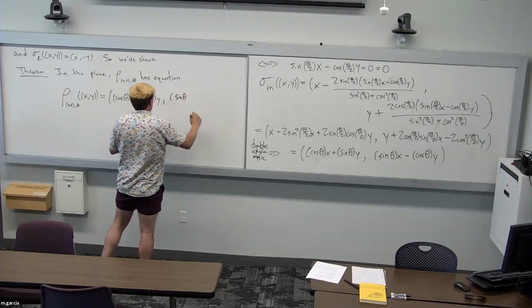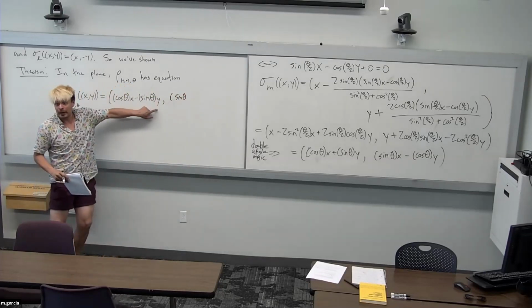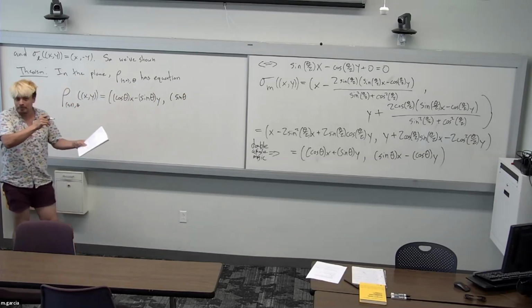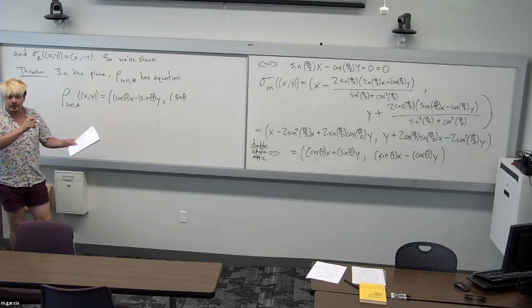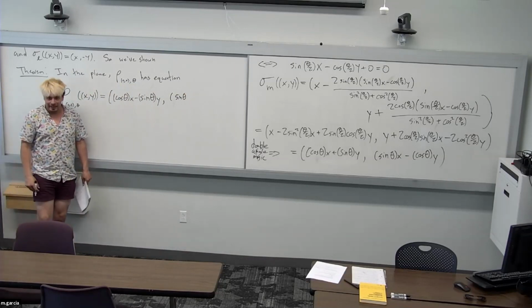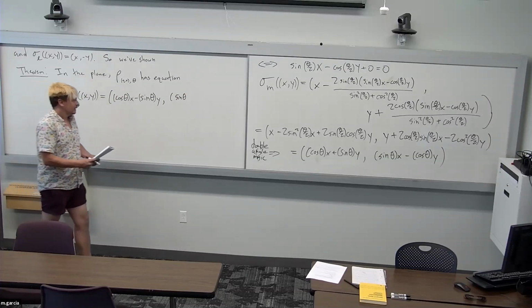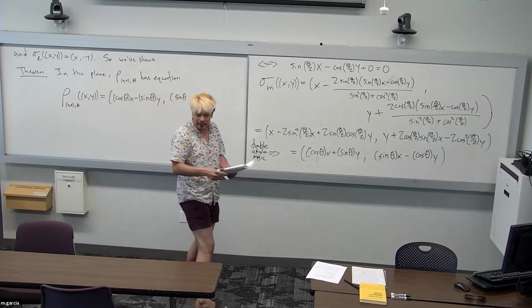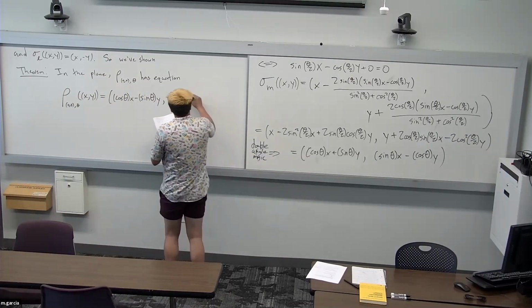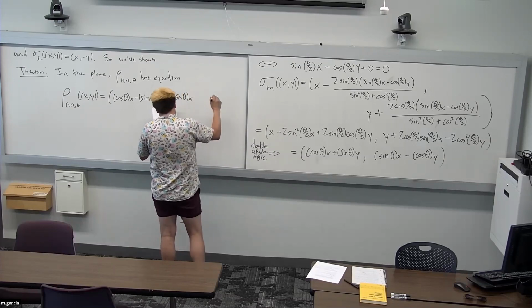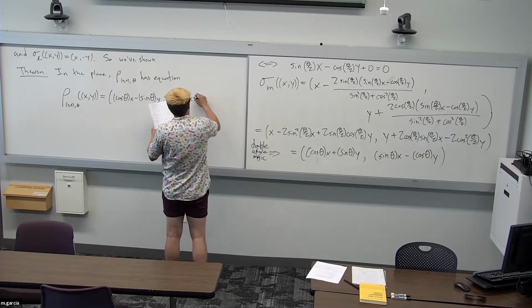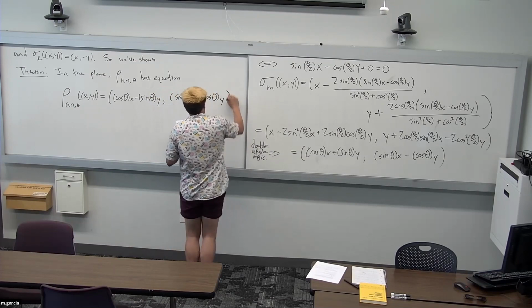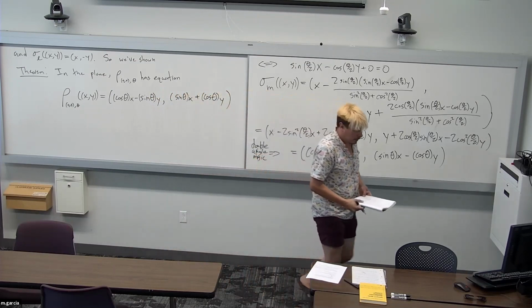Why is that negative? Because we applied sigma L first. That's why the rotation matrix is cosine, negative sine, sine, cosine. Exactly. Great observation. We won't actually get to talk about the matrix form of this, but that's exactly why.